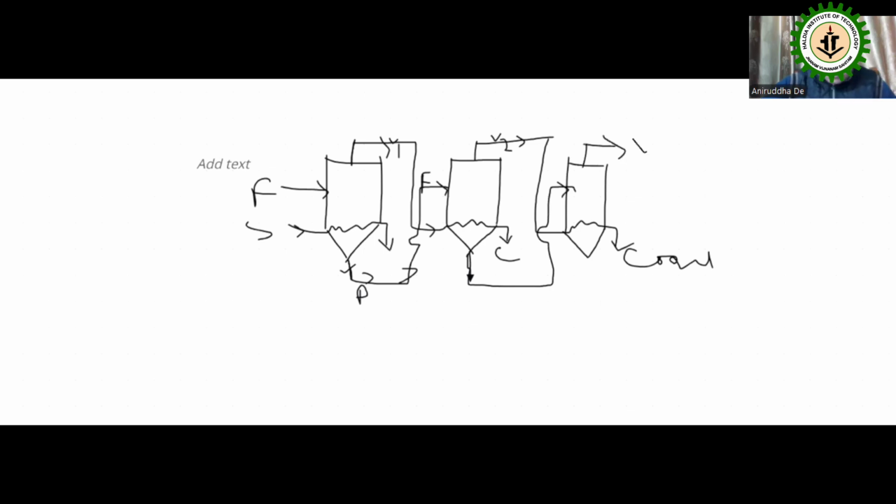This is the first effect, this is the second effect, this is the third effect, and from here we get the final concentrated product. Here three calandrias are used, so it is known as the triple effect evaporator.